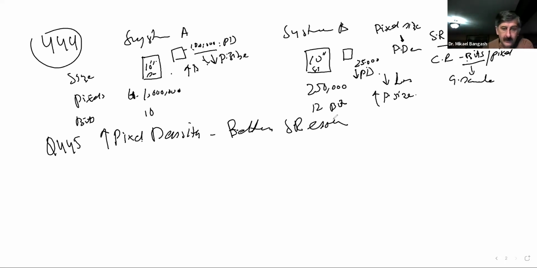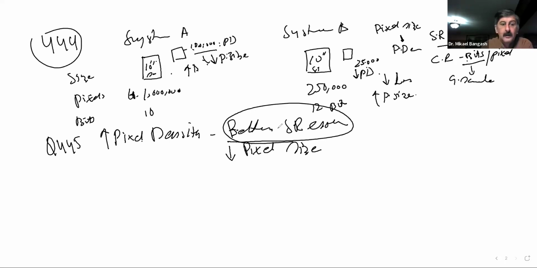Another thing we can say is that as the pixel density increases, it may also lead to a decrease in the pixel size. Now, the only one that made sense here is a better or improved spatial resolution. G.